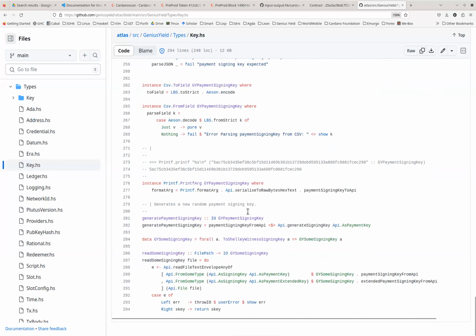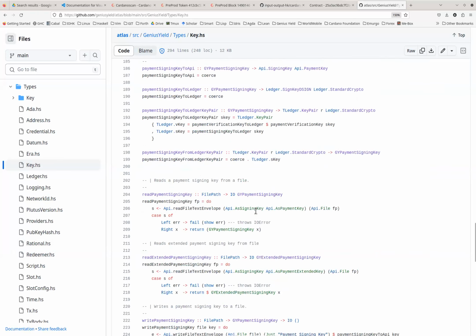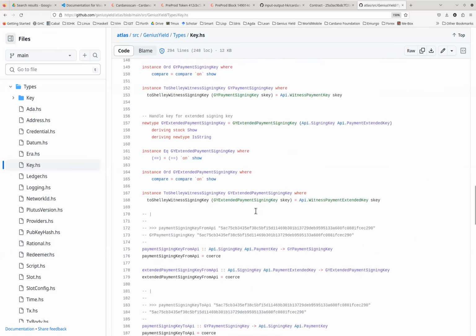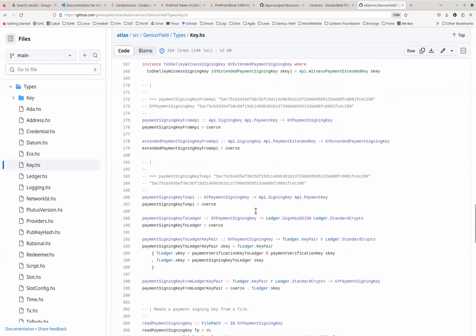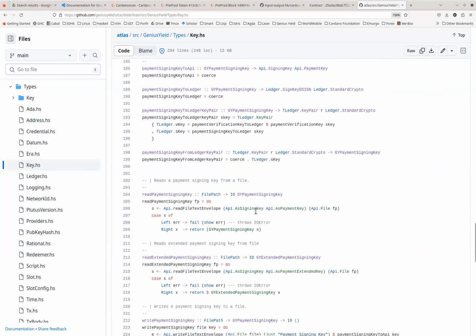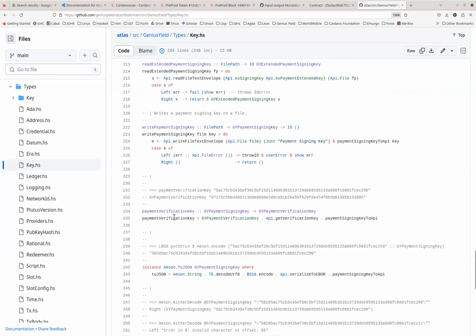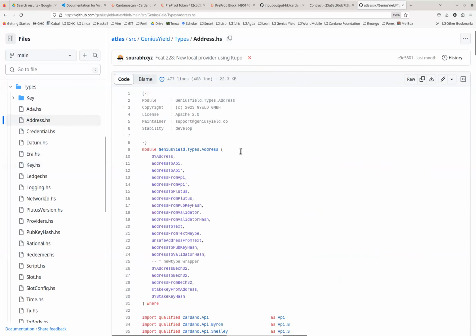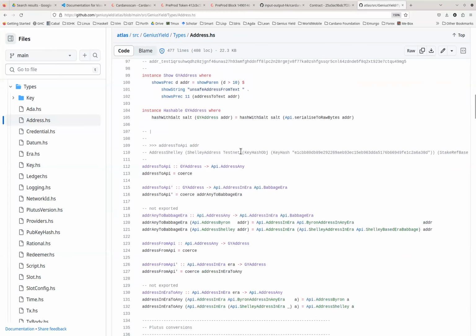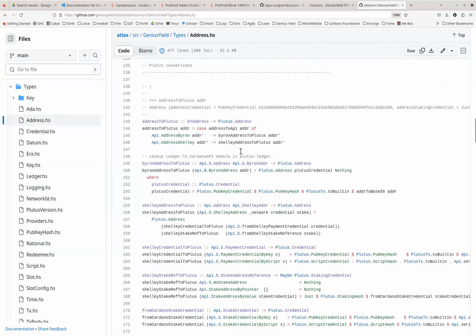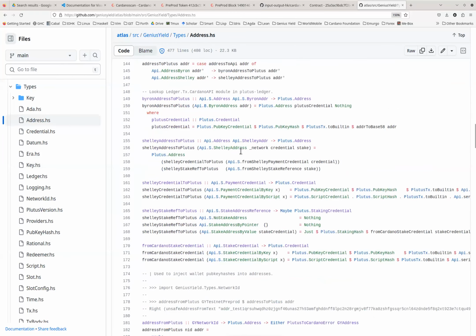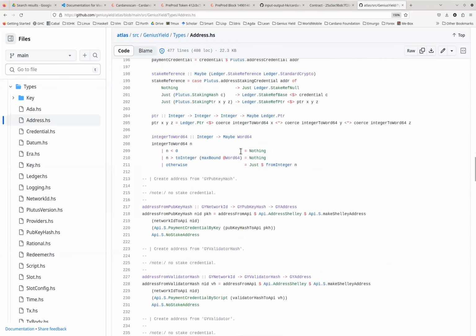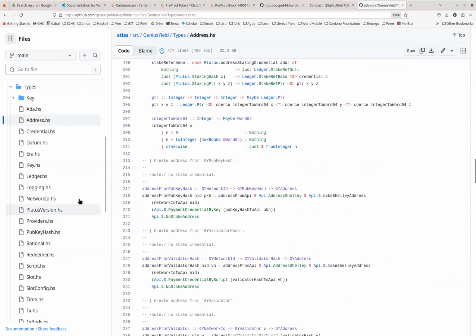And once you have a signing key, there are functions to get, for example, the payment verification key. So given a signing key, you can get a verification key. And then once you have the verification key, yeah, I forgot the step.